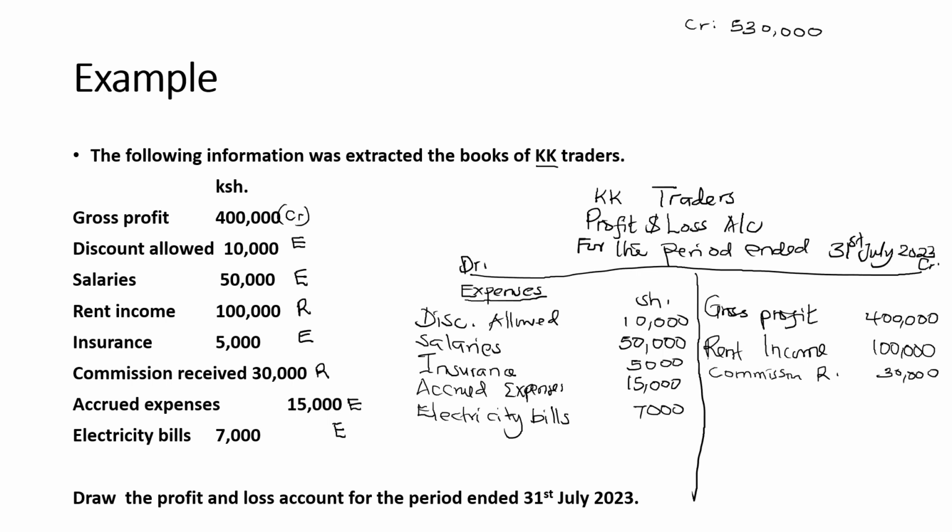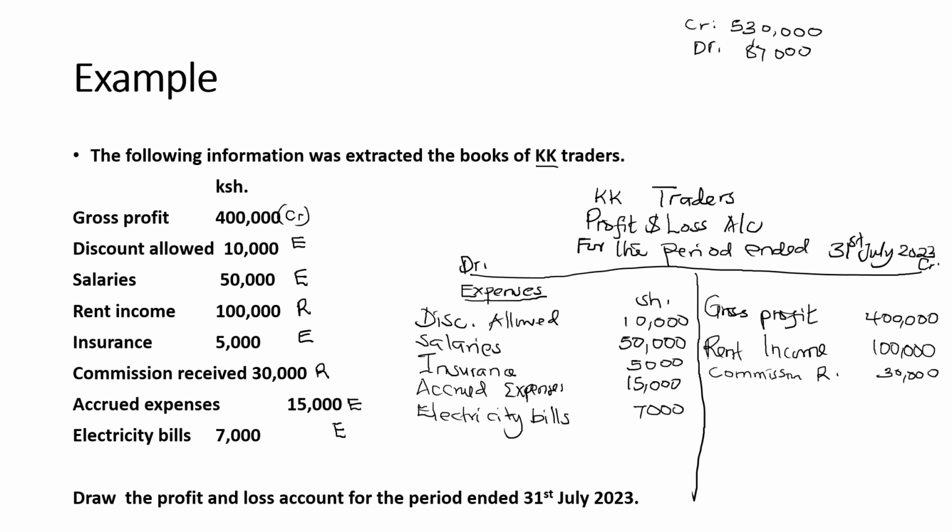When we add the debit side, what do we have there? 10,000 plus 50,000, 60,000, plus 5,000, 65,000, plus 15,000, we have 80,000. Now this one amounts to 87,000.